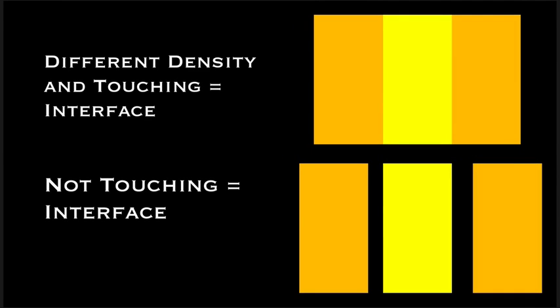That will also work if they're the same density. So if they're not touching each other, well, you can clearly see where one starts and one stops. So as a summary here, you'll be able to see an interface when you've got things that are different densities and they're touching, or things that are not touching, regardless of the density.